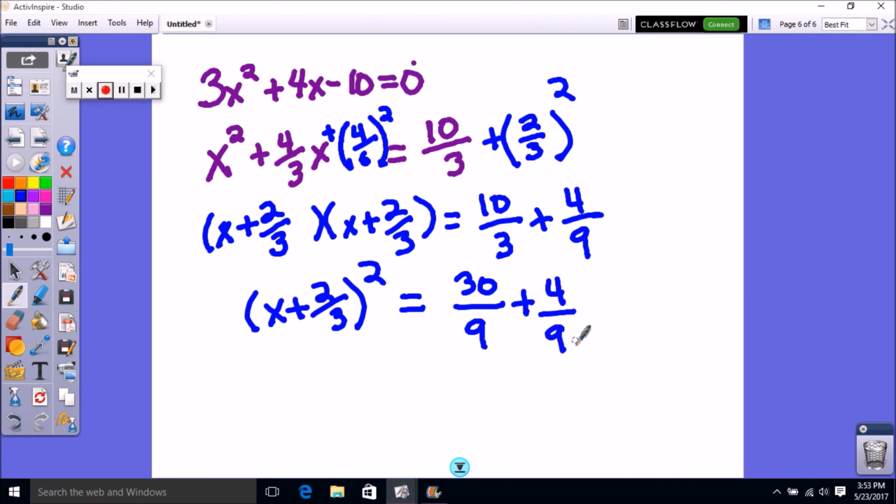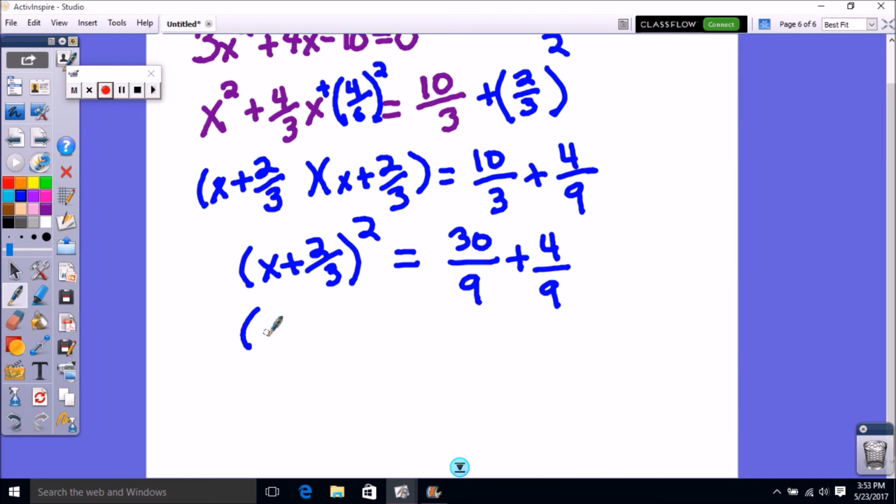Okay, so I'm going to do a few steps at once here. I'm going to take the square root of both sides at the same time that I add the fractions. So on this left-hand side, it's x plus 2/3 squared equals 30 plus 4 is 34.